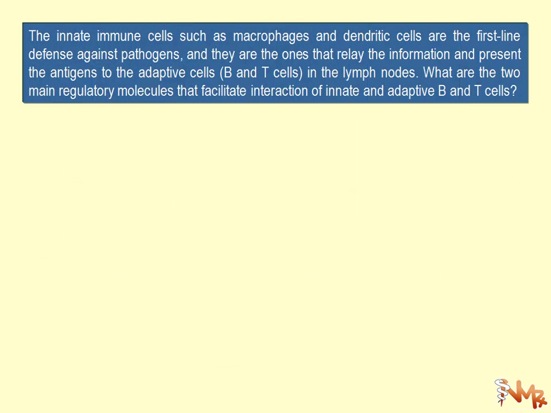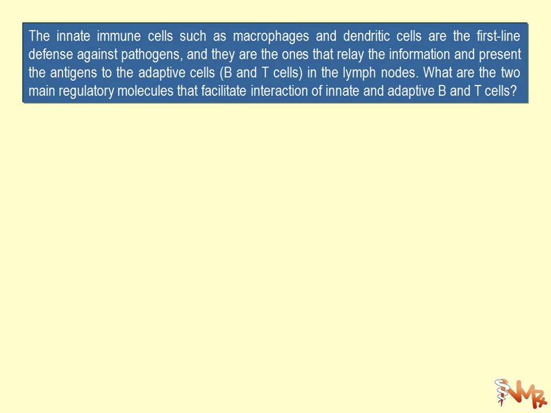Let's change the subject a little. The innate immune cells, such as macrophages and dendritic cells, are the first-line defense against pathogens, and they are the ones that relay the information and present the antigens to the adaptive cells, the B and T cells, in the lymph nodes. What are the two main regulatory molecules that facilitate interaction of innate and adaptive B and T cells?